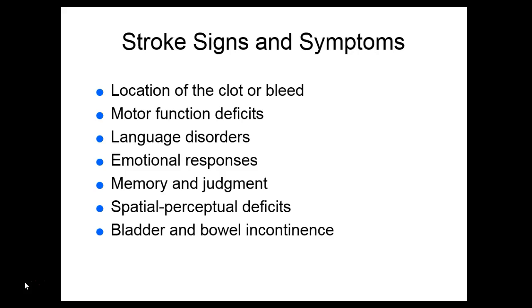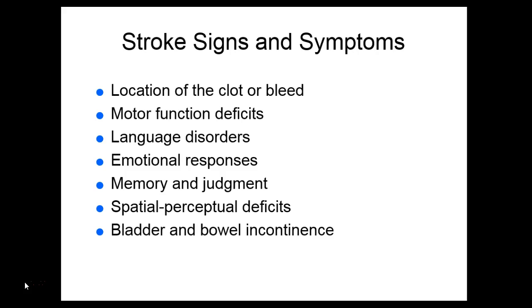So there may be weakness or hemiparesis or paralysis, hemiplegia, difficulty or inability to speak or understand, dysarthria or aphasia, difficulty with vision, loss of balance, poor coordination, ataxia, decreased level of consciousness and confusion. The patient may experience incontinence. Bleeding into the brain, or edema around the necrotic tissue from an infarct, can cause increased intracranial pressure as well.